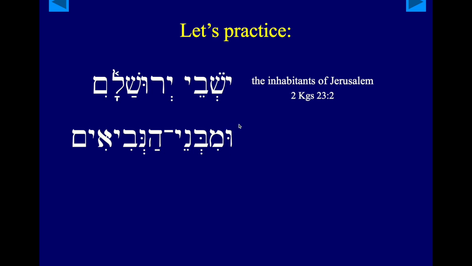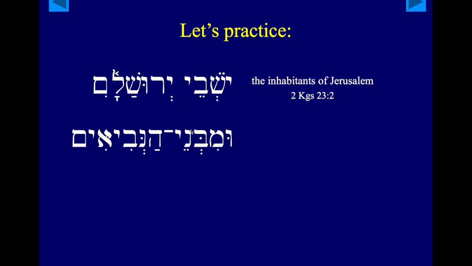It can turn into this shurek if the next word is a mem or a bet or a pe. It's just a lot easier to say. Vama is really hard to say. Vapa is really hard to say. They turned that into u just to make it a lot easier to say. So, u meaning and. It's also the only word you can start with a vowel because it only is a vowel. So it breaks that essential rule of Hebrew. It's the only thing to break it, though. So, u mibnei. B'nai, I told you that. You've already seen it. That means children of.